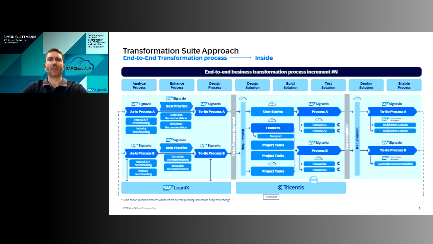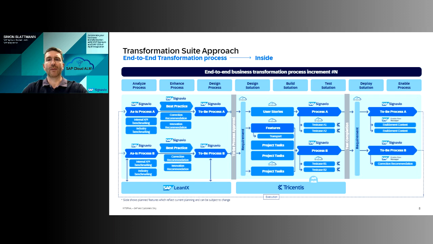I go on to the next slide to go a little deeper into the methodology. In the analysis phase, we use Signavio to analyze the processes, to understand how your processes are running compared to internal KPIs and industry benchmarks, and to see where you have potential bottlenecks by using process mining.